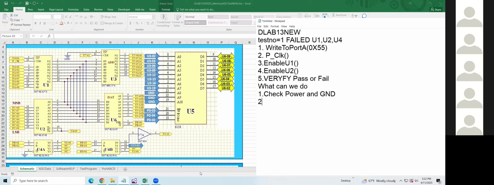Number two, now you get two ways to do it. First thing you need to check the output of U1, right?